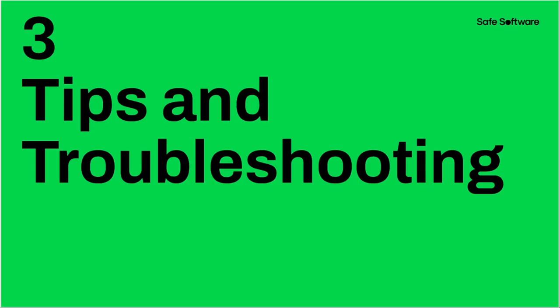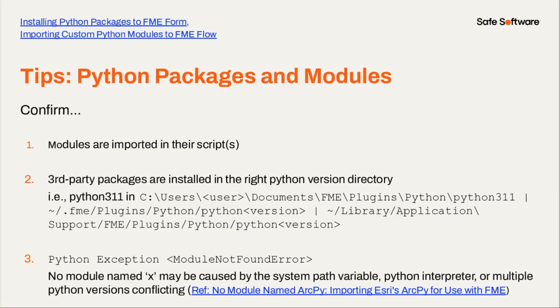Okay, so some tips in troubleshooting here. The first point is to confirm that modules are imported into their scripts, as myself and Crystal have shown you. And then installing third-party packages in the right Python location, or Python version directory, sorry. We've shown you that 2020.1 and above does that automatically, so you don't have to worry.